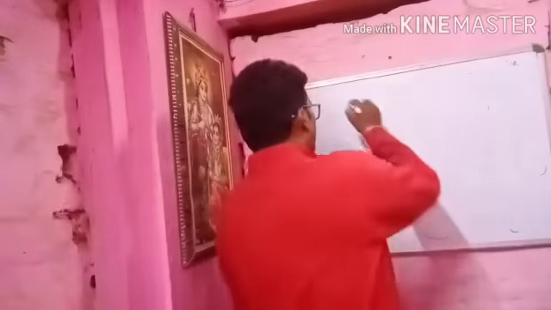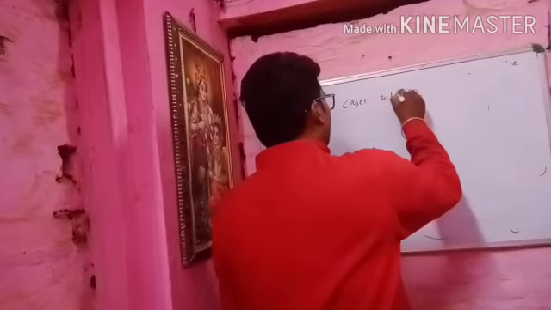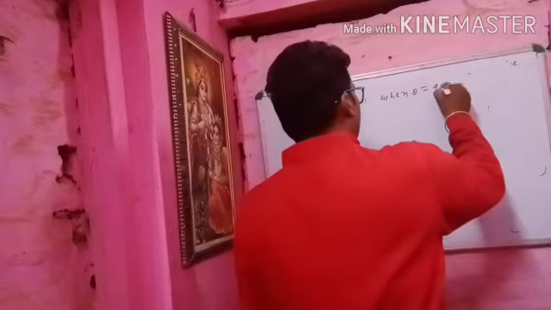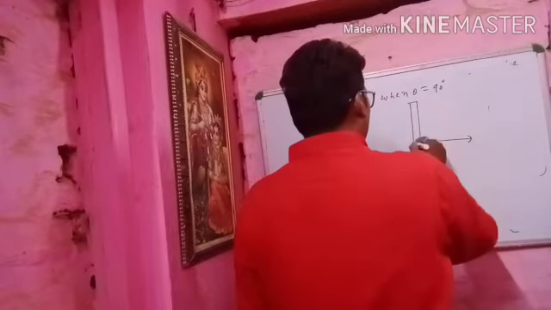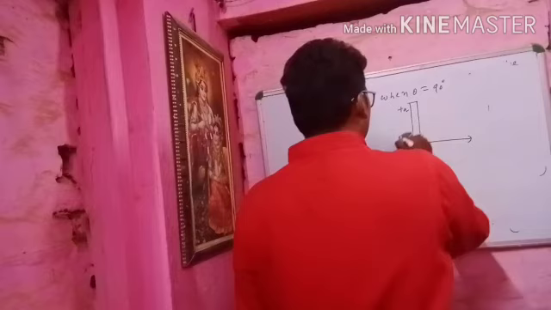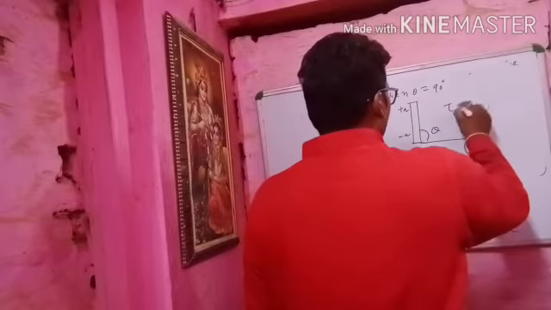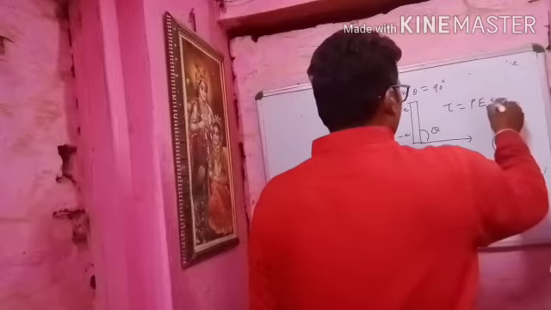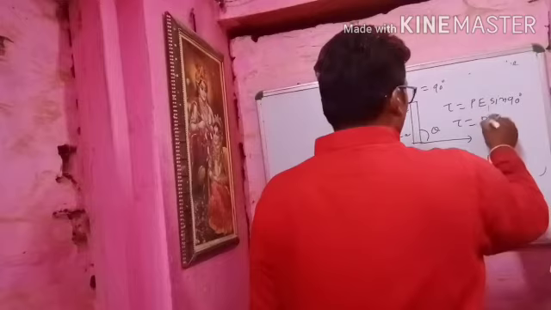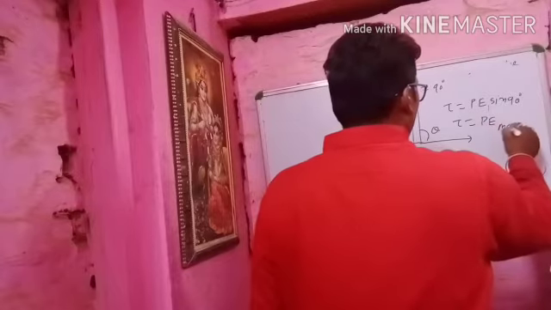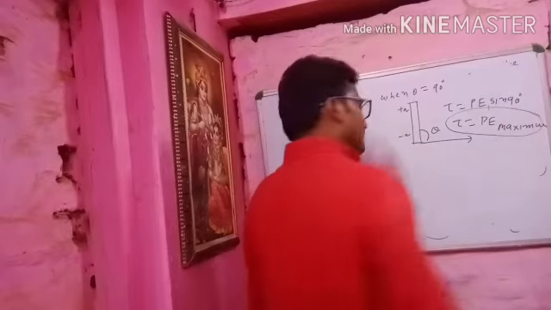In case 1, when theta is 90 degrees, the dipole is at 90 degrees with respect to the electric field, then the value of torque tau equal to pE is maximum.